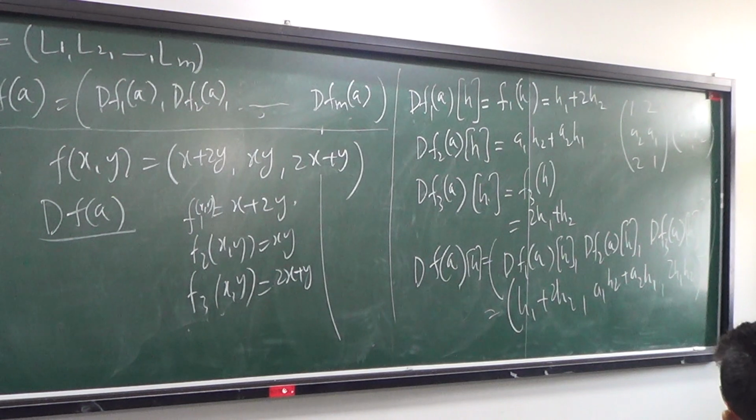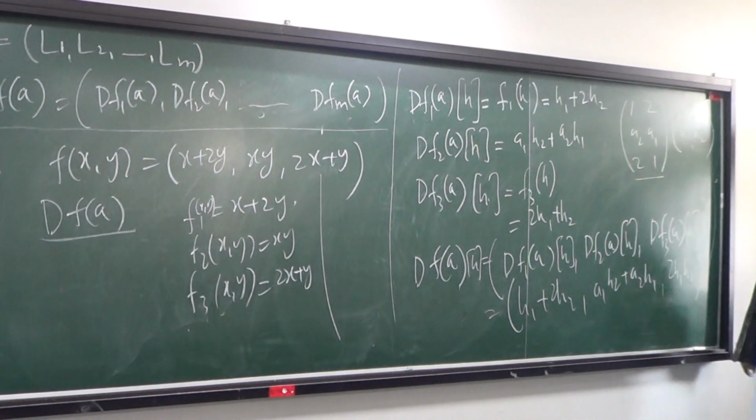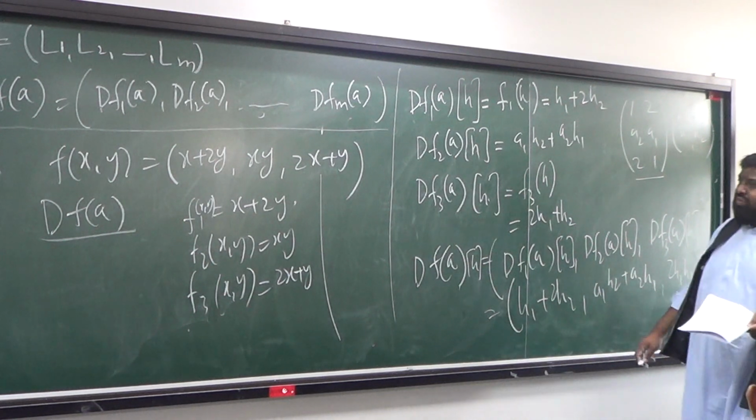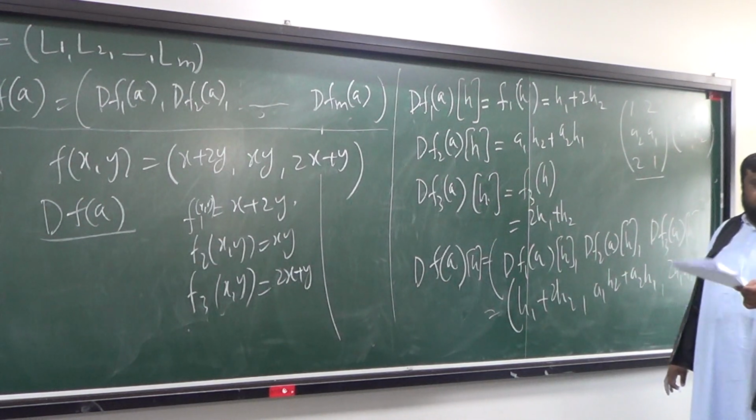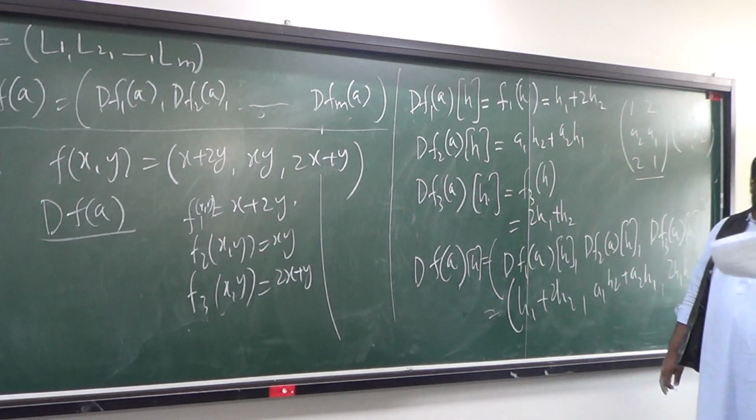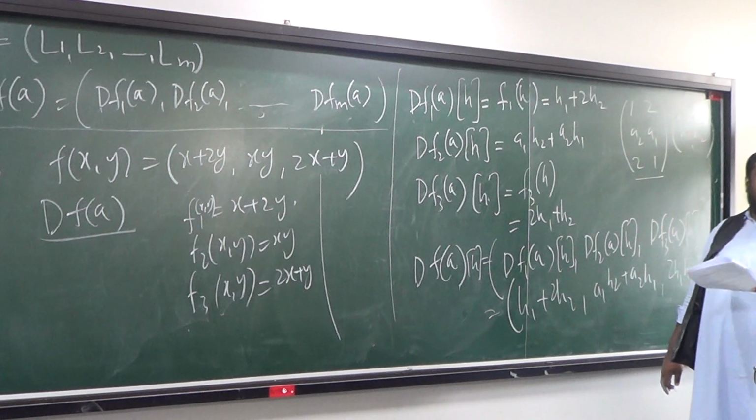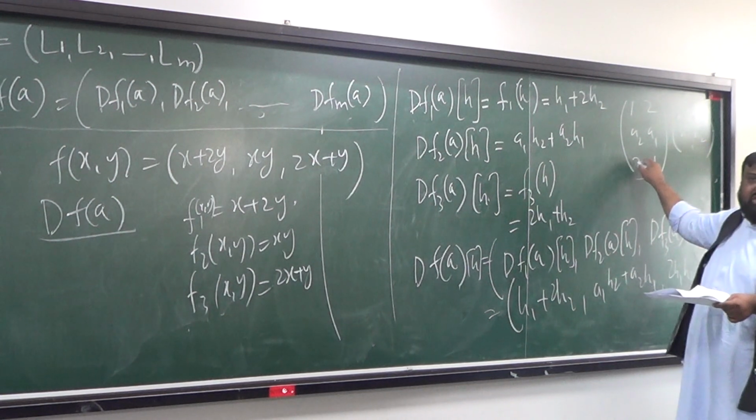You can write it also this way. So think about it. We will prove it. We haven't shown it yet, but we have a sketch that this derivative for sure is going to be a linear transformation. So if it is a linear transformation, this is the matrix of the linear transformation.